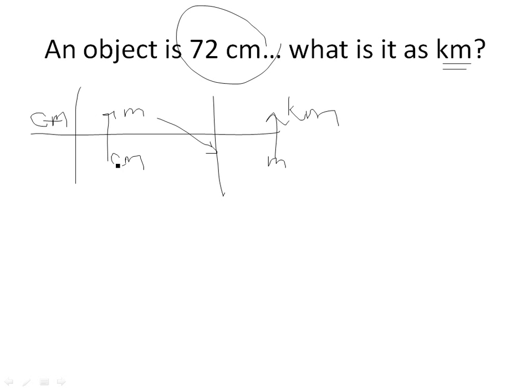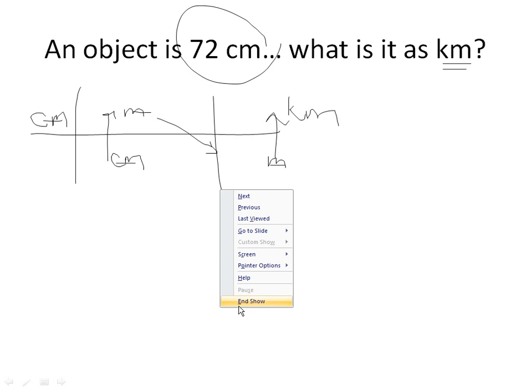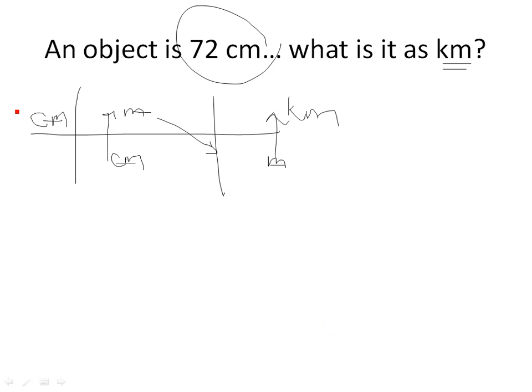So what's going to happen? They're going to cancel out. They'll end up canceling out. So I just set it up by units first. Now, let's plug in what we know. We had 72 centimeters. For every 1 meter I have, there's 100 centimeters involved in that. And for every 1 kilometer I have, I actually have to have 1,000 meters.